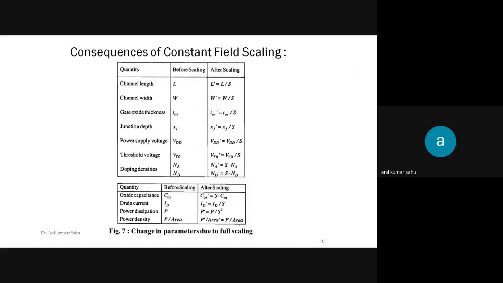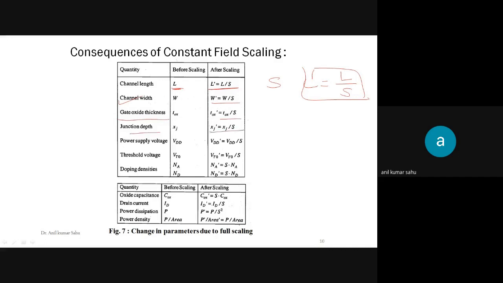In constant field scaling, initially the channel length is L. While varying the threshold voltage and the lateral dimensions, we have to divide the original channel length by the scaling factor S. So if you want the new channel length L dash, we divide the actual dimension by the factor of S. Likewise, the channel width also reduces, W by S. Gate oxide thickness can be divided by the factor of S.